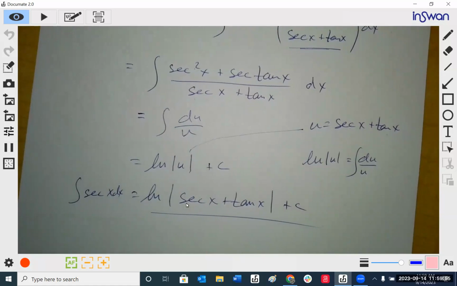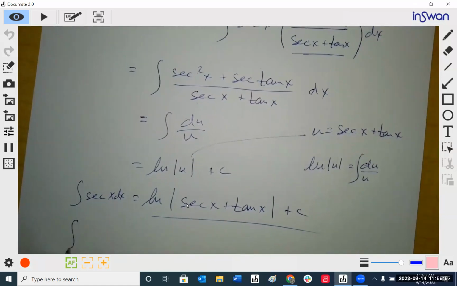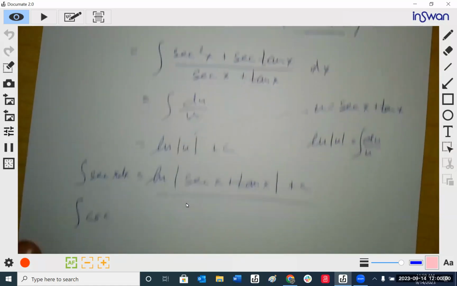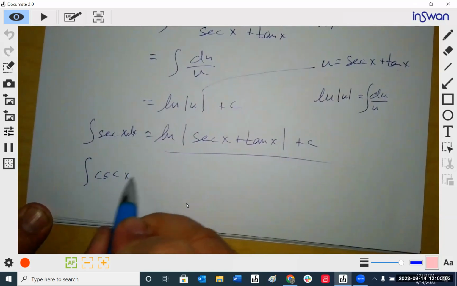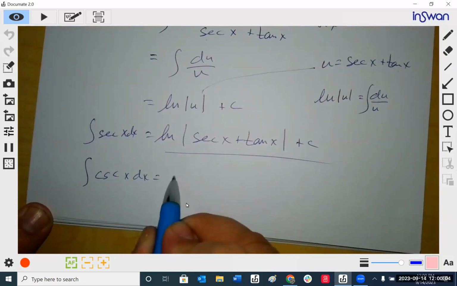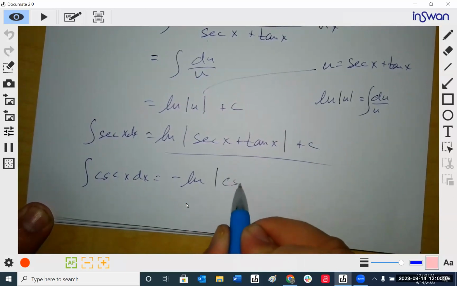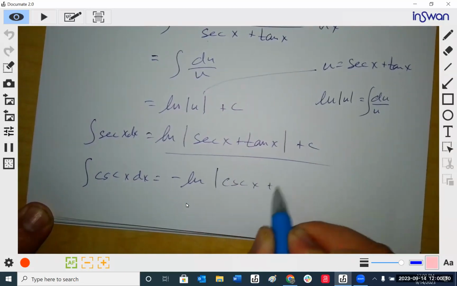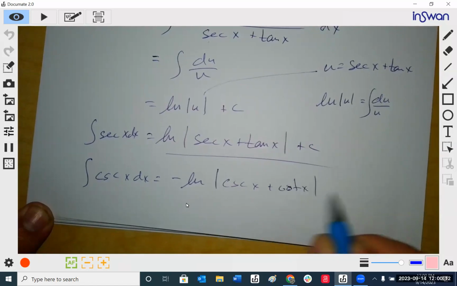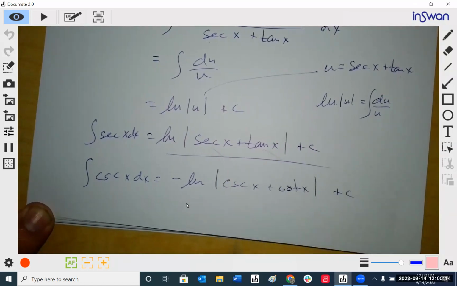If you look at your chart, you'll see the integral of cosecant x dx. That's going to be the negative natural log of cosecant x plus cotangent x, because it just goes to the opposite ones.